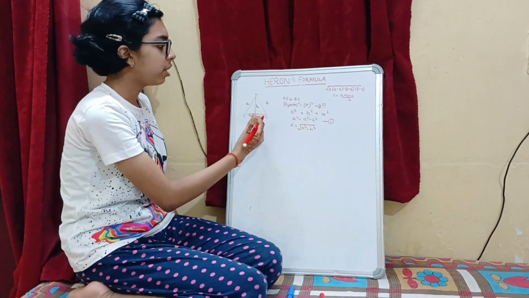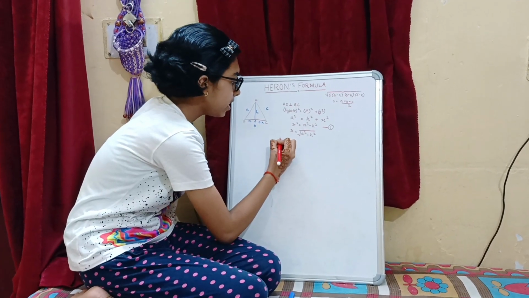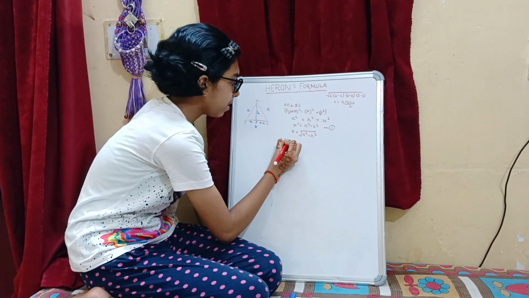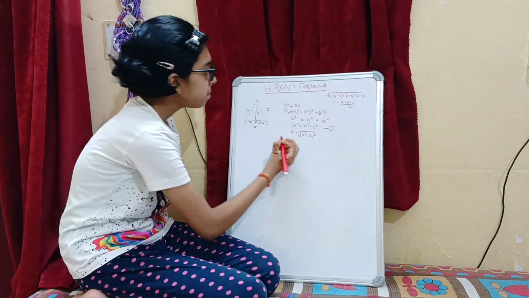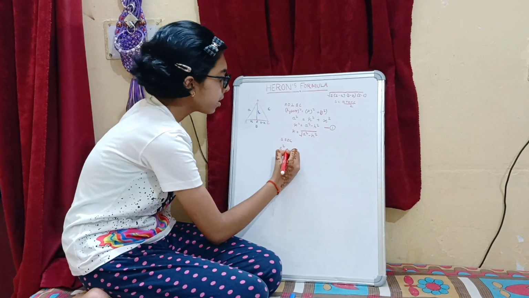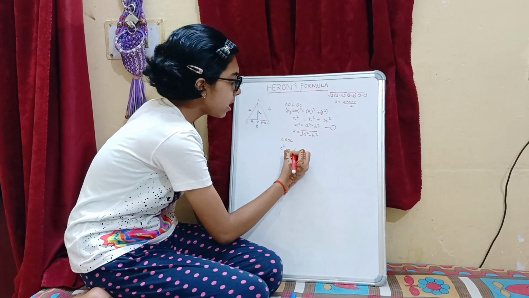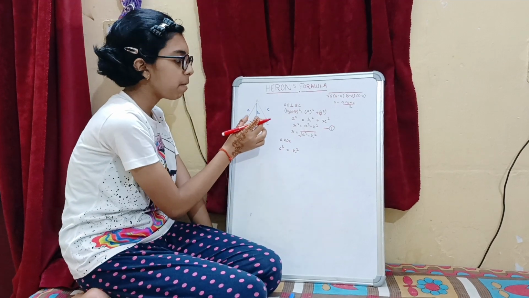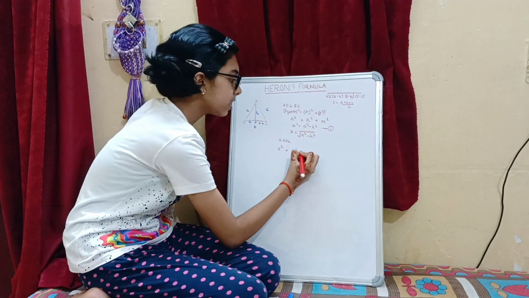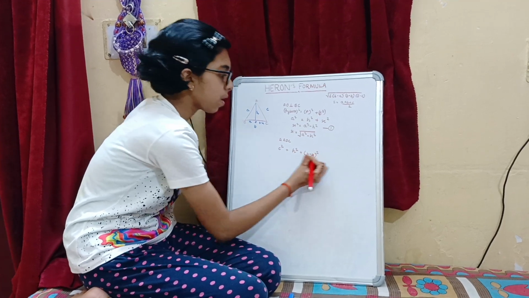Now we will take the other triangle, that is ADC. In triangle ADC, here hypotenuse is c, so c square is equal to height, perpendicular is our height h, so h square, and our base will be b minus x, that is b minus x whole square.